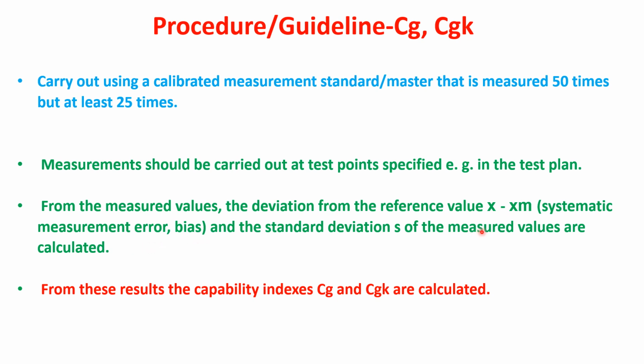What is the meaning of this? Whatever readings you have taken, for example 50 readings, you take the average of those readings and take the difference between this average and the master value. XM is the master value. That difference is nothing but the bias.